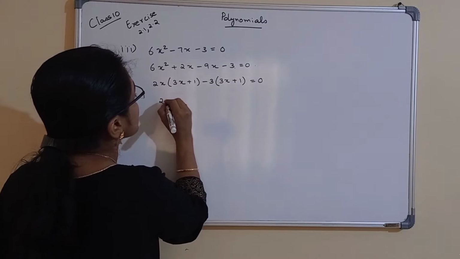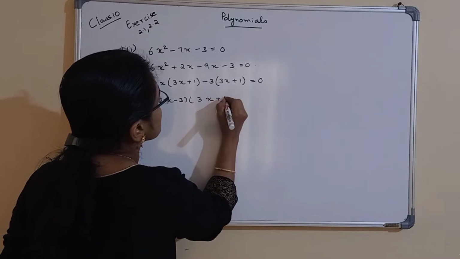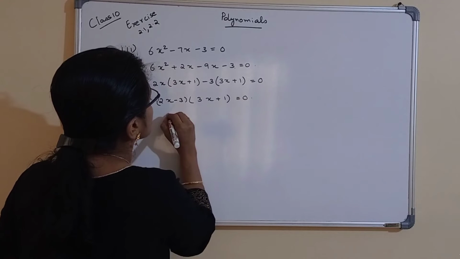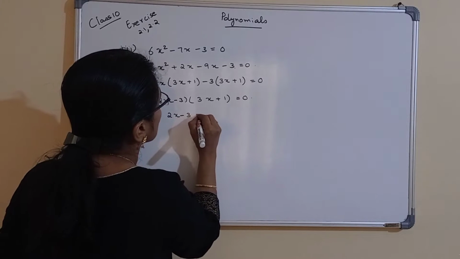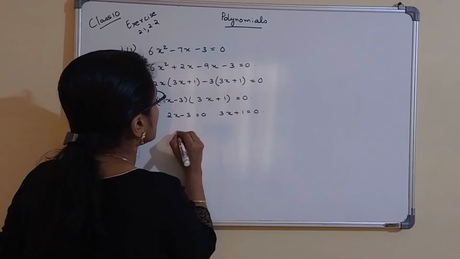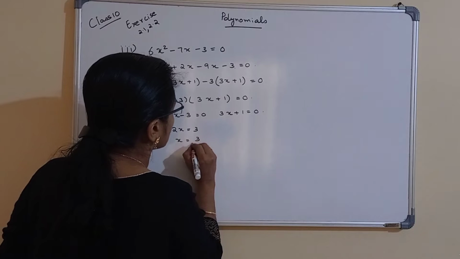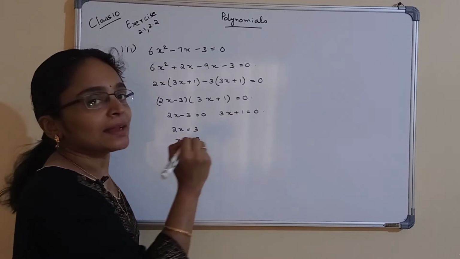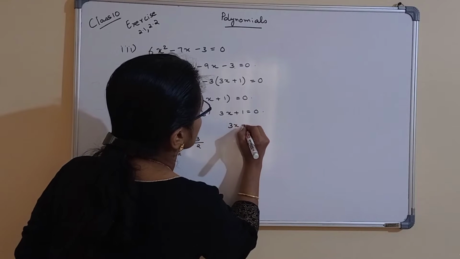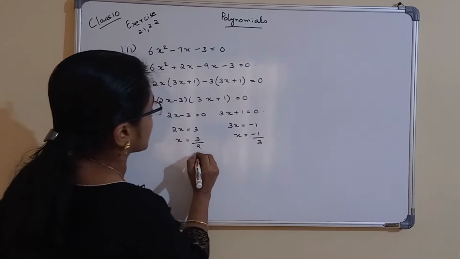Which means 2x minus 3 into 3x plus 1 is equal to 0. And that means 2x minus 3 equal to 0 and 3x plus 1 is equal to 0. Which means 2x equal to 3 and x equal to 3 by 2. Right? And this is 3x equal to minus 1, x equal to minus 1 by 3.